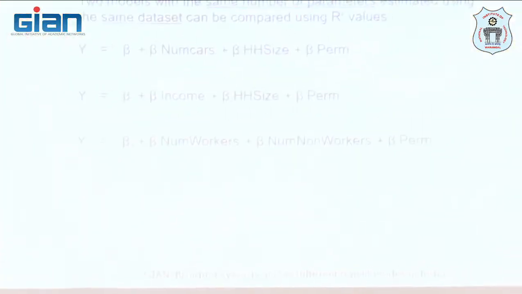So I have three specifications here. I'm looking at number of trips, number of cars, and household size, and the variable perm here represents whether that household is a permanent household or a seasonal one. You can think of that as a big determinant of location. For us, it's an important variable, where you will have households from Canada who come and stay only in the winter.